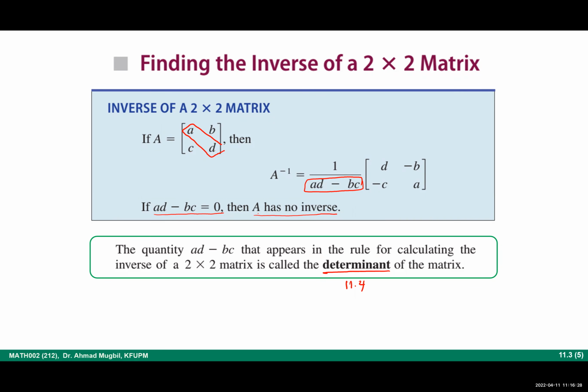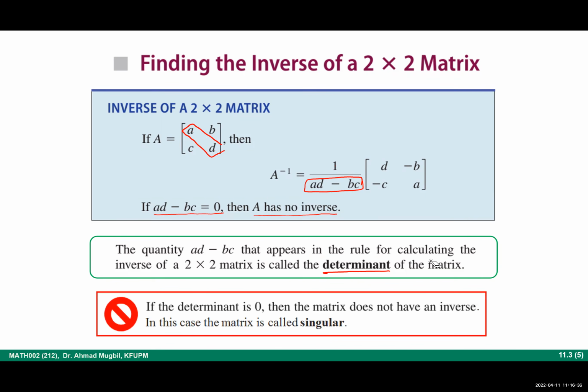If this is 0, it will be 1 over 0, undefined. So the inverse does not exist. So it is easy to find the inverse of a 2 by 2 matrix. Be careful here. If the determinant is 0, then the matrix does not have an inverse. It is not invertible. And in this case, we say that it is singular. It is a singular matrix, not invertible, and does not have an inverse.